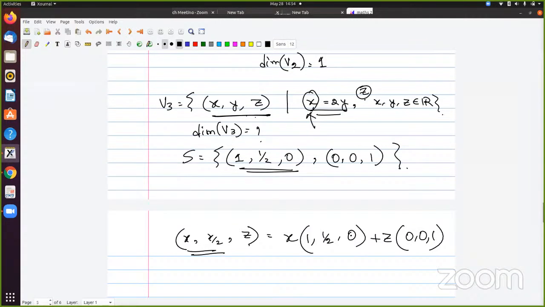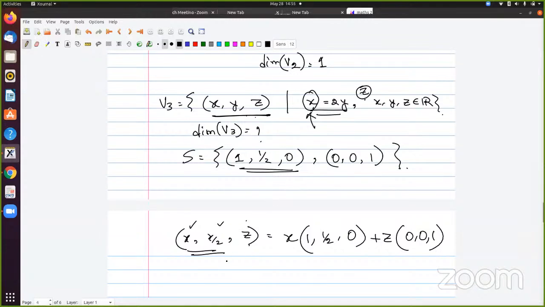So what I am doing? A general element of this, how does it look? It looks like X by 2 as Y equal to X by 2, and this Z is free. Z has no relation with the previous two. This is clear, right? So I have to find the vectors by which I can span this.